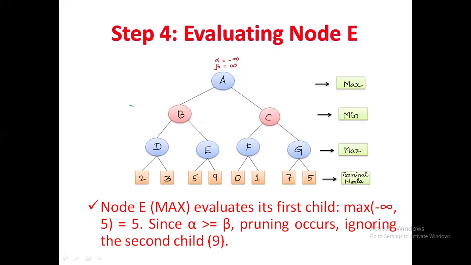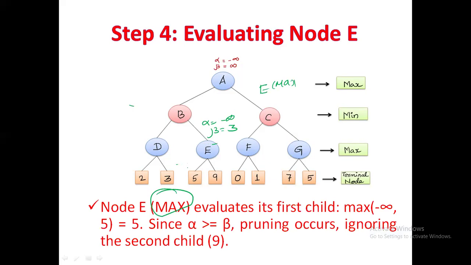Next, in the previous case, alpha is equal to minus infinity and beta is equal to 3. Now we are going to evaluate the node E. Node E is a max node. The maximizer starts evaluating its children.